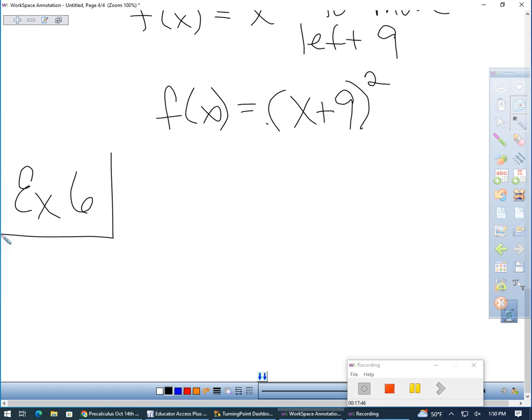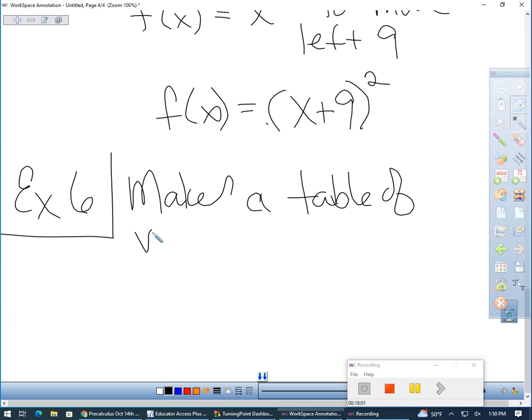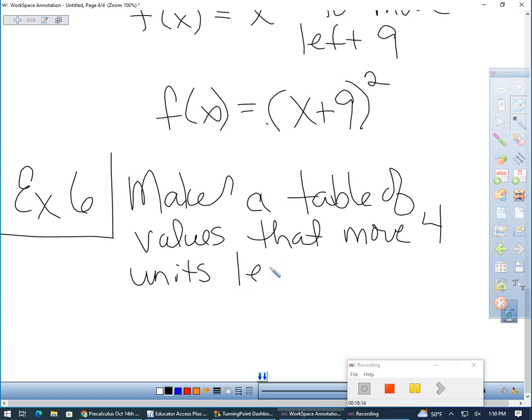All right. So, on this one, let's say I want you to make a table of values that move 4 units left and graph.